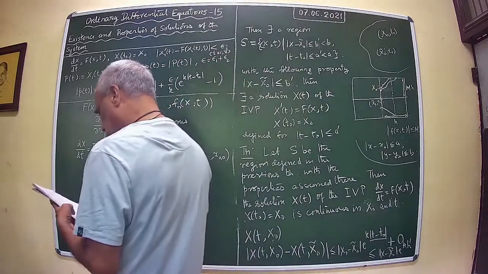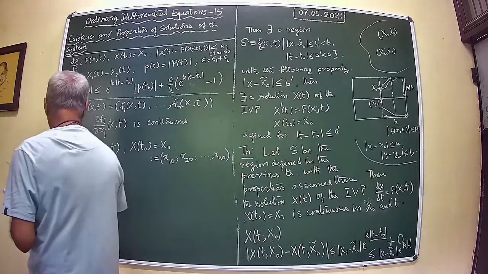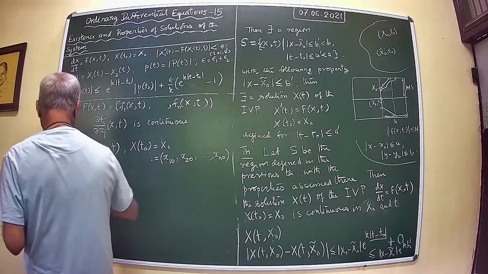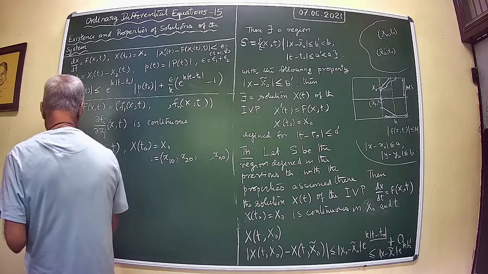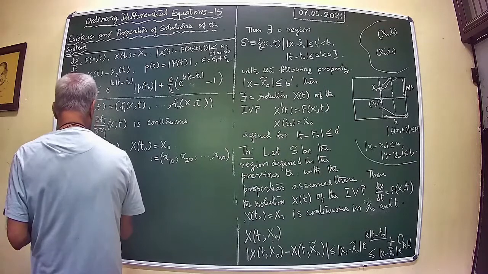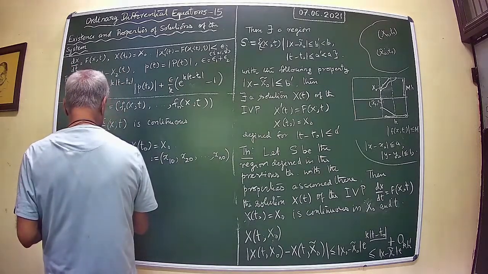The solution is going to be x(t, x naught), and this is equal to x1(t, x naught), ..., xn(t, x naught).